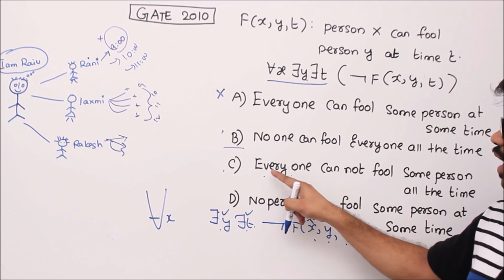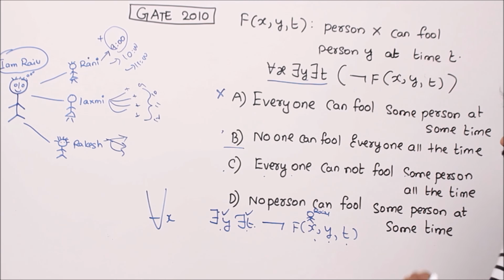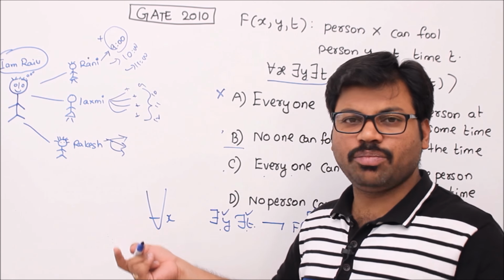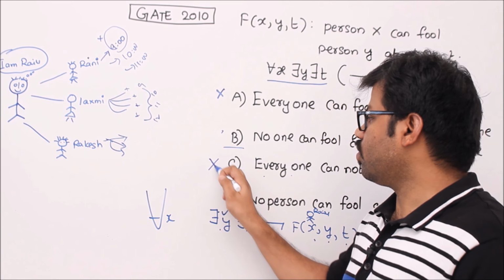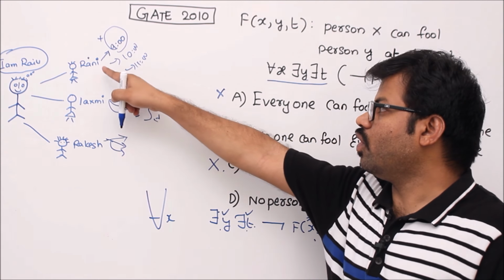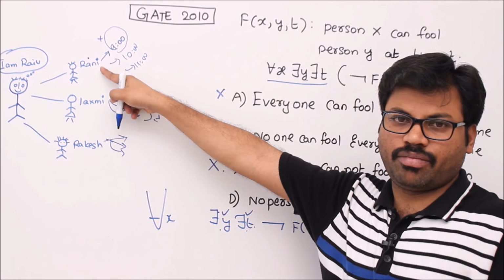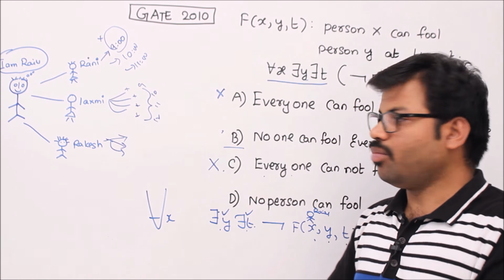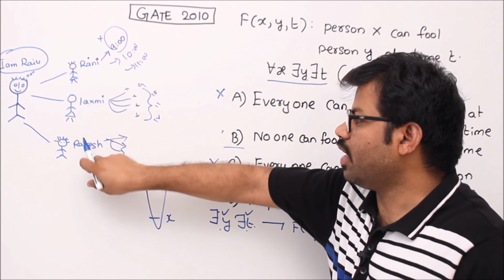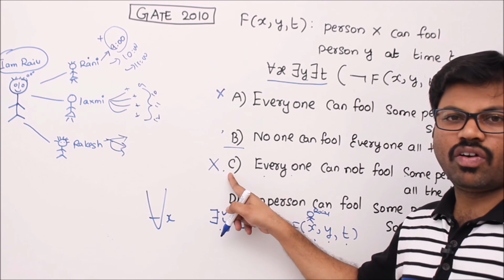What does this option say? Everyone cannot fool some person all the time. But Raju can fool Lakshmi all the time. Right? It's possible. That's why option C is wrong. But still Raju cannot fool Rani at some point of time. Without changing that, by assuming something about other people like Lakshmi and Rakesh, I made option C wrong.